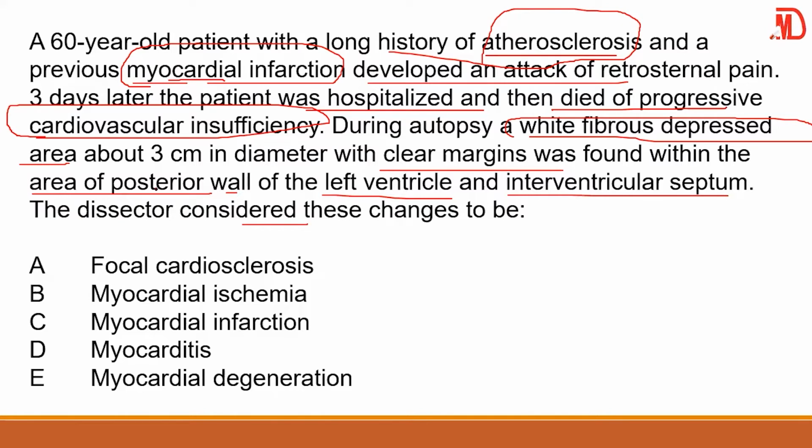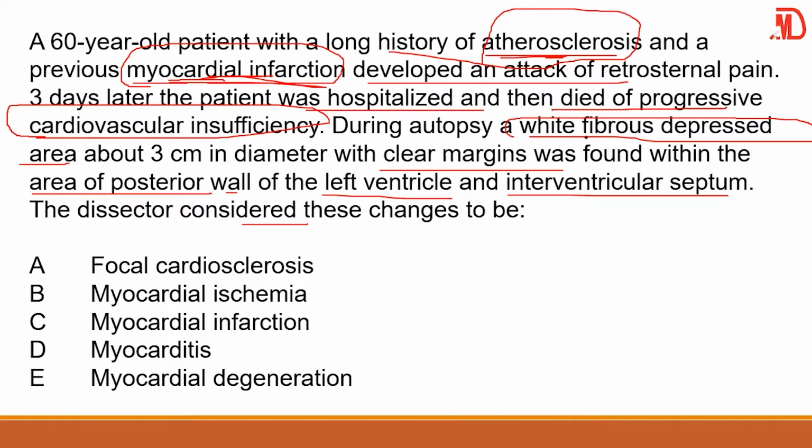Of course, you have a history of atherosclerosis and myocardial infarction. Which part of the chambers does myocardial infarction affect the most? You are thinking of where the pumping is, which is the left ventricle.